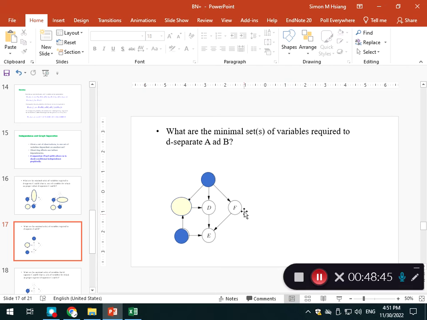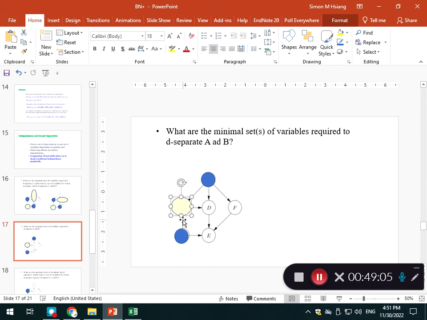Yeah? Because they have what? A common descendant, right? So this could be smoking, this could be toxic environment, but here are a lot of vomiting, who knows what kind of symptoms are associated with it. So blocking this guy is not enough, agree?